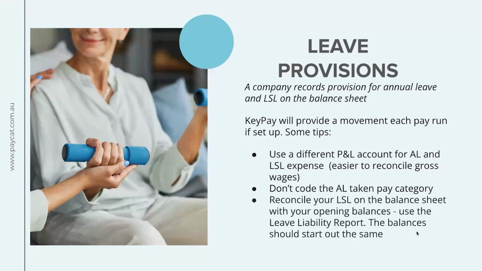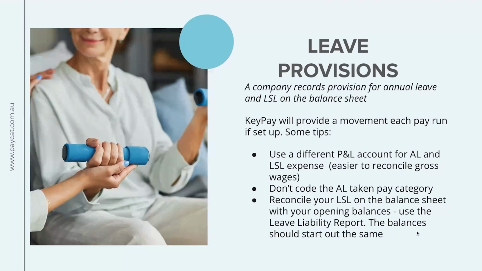The other thing I'd say is, things like annual leave, long service leave, make sure you reconcile it on your balance sheet. When we import leave for the first time in KeyPay, we call that opening balances. So you can get those figures from a leave liability report, and it's simply going to be whatever hours we've imported multiplied by the base rate for each employee. That figure as a starting point should be the same figure as what's in your balance sheet when we started.